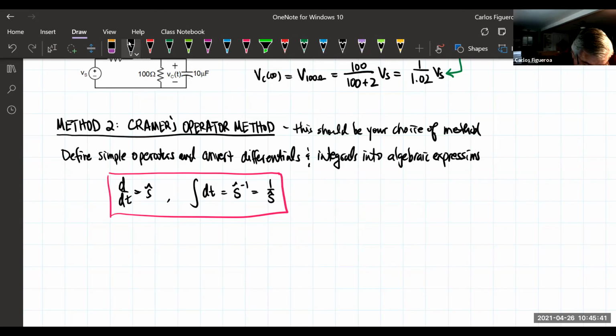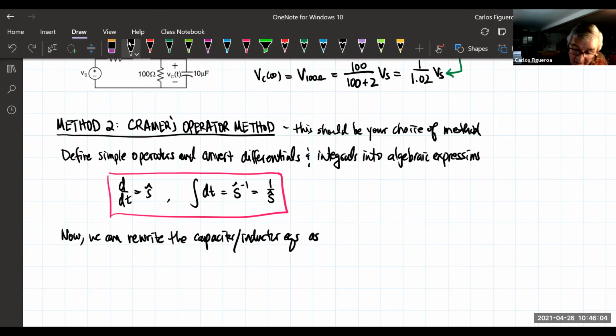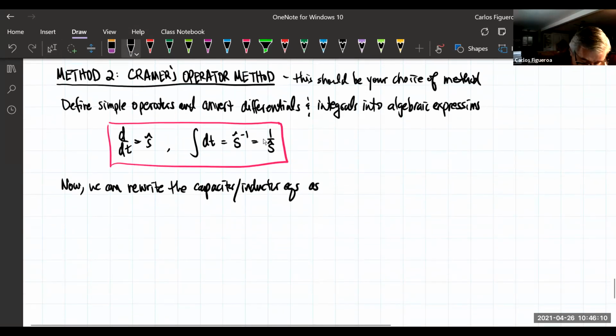So now we can rewrite the capacitor and inductor equations as follows. Check this out. If I have the capacitor equation, I write this.